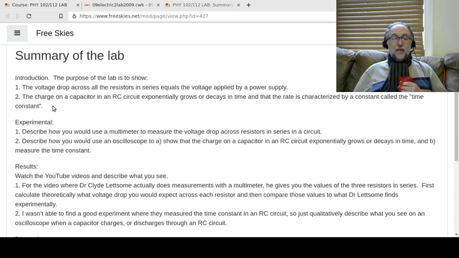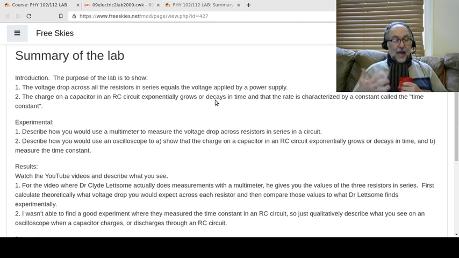And the second thing that we did in the lab is we're showing that the charge on the capacitor in an RC circuit will either exponentially grow, if you're charging it with the battery, or exponentially decay if you're discharging it. The word exponential is important. We saw exponential decay with the damped harmonic oscillator, so this is the exact same thing.